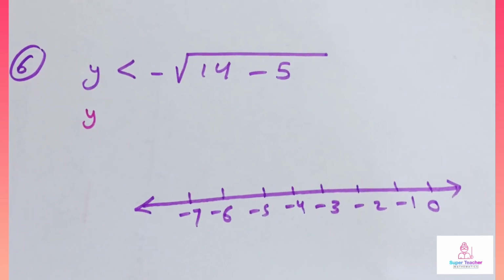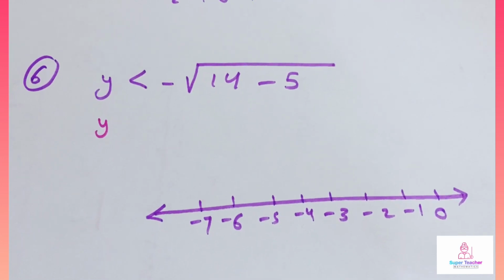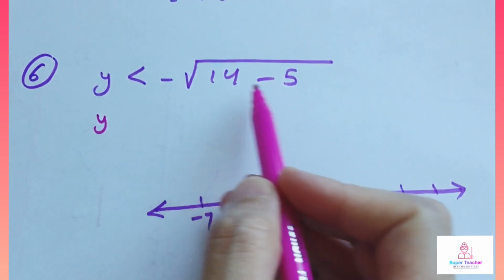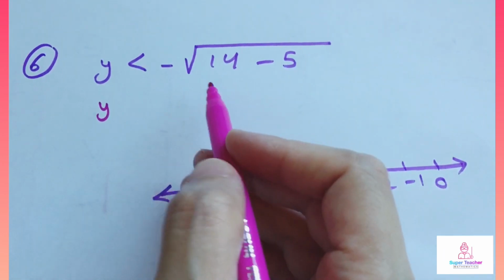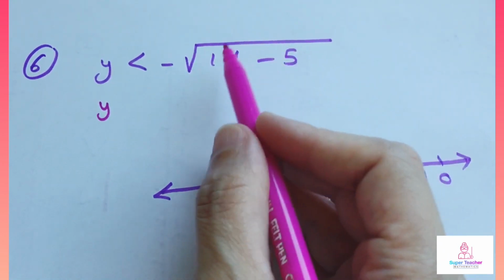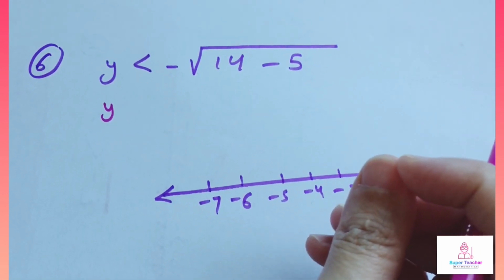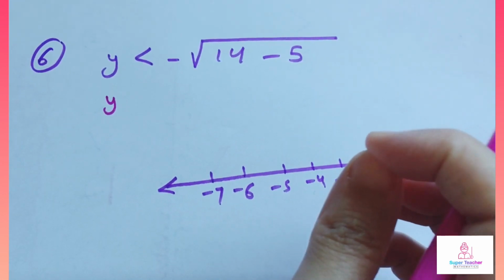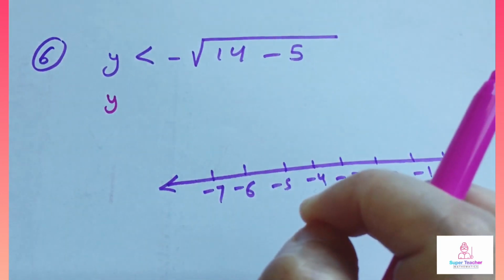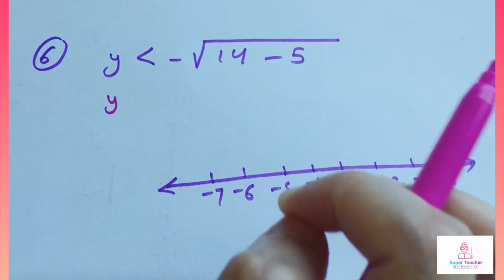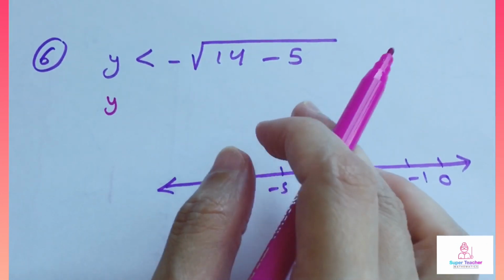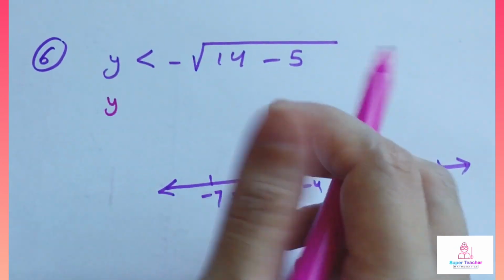Done. Okay, let's complete question 6. Question 6 is y less than negative square root of 14 minus 5. Now, first of all, we have to solve the square root. If you didn't watch the square root lesson, I will put the link in the description box so you can go back and see the lesson and come back here to complete this lesson.